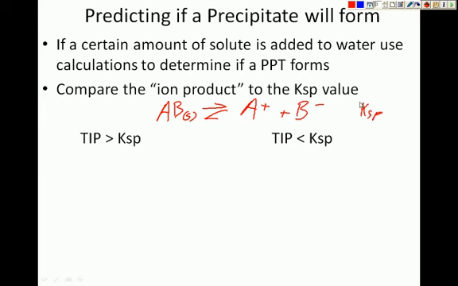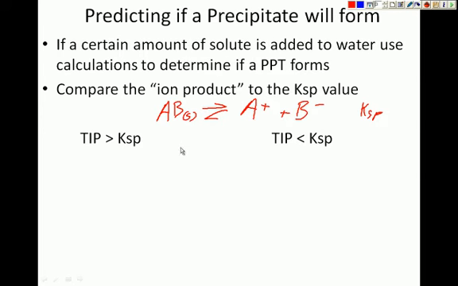This is just the solubility product. It's the maximum concentration we can get of A plus and B minus multiplied together, and it's going to equal this constant value. So if we just threw some A plus and B minus into a solution, we can figure out, is it going to form a precipitate?